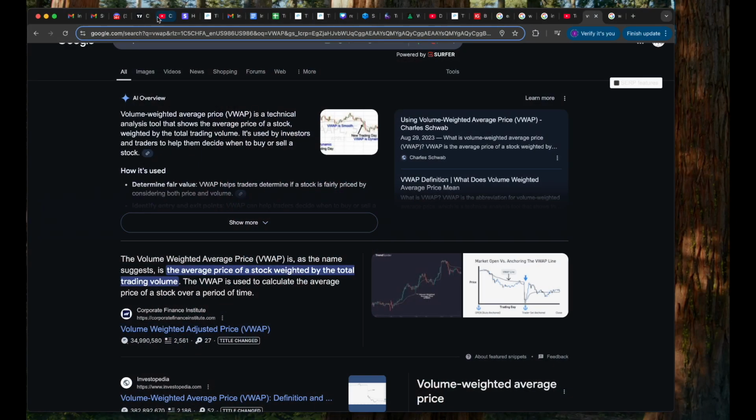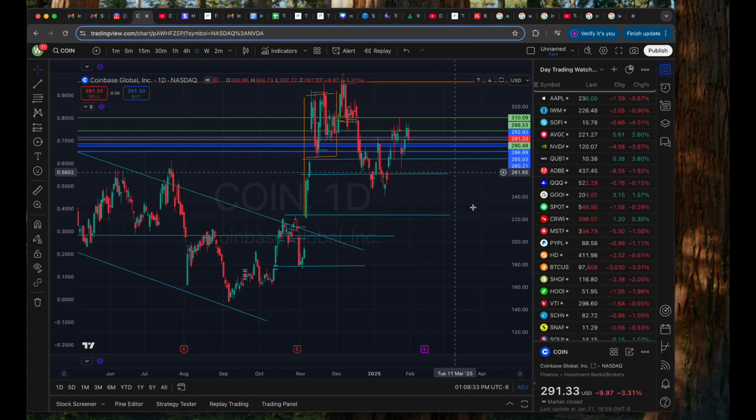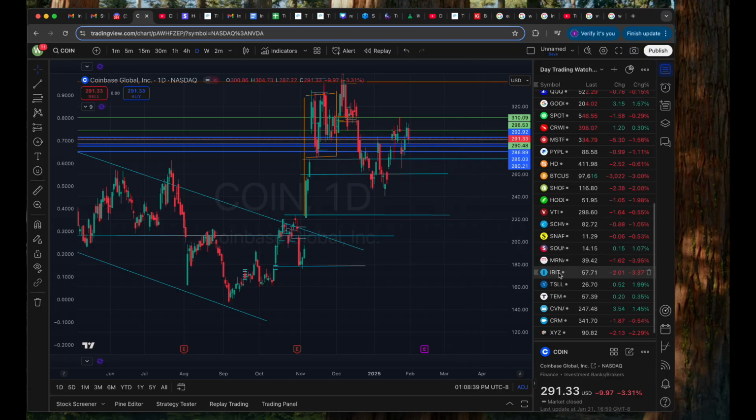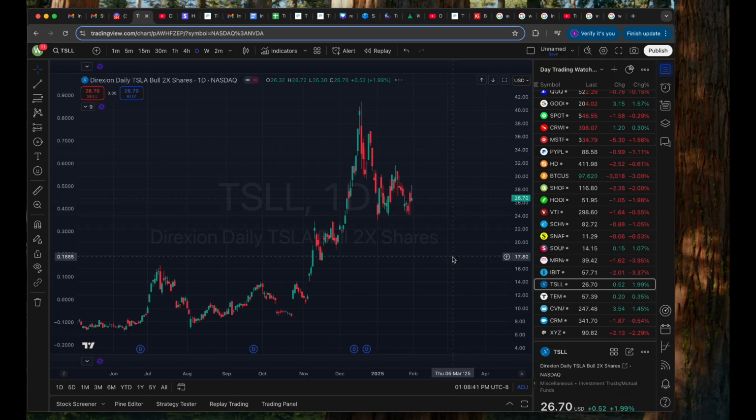Now, the VWAP. Let's go to a clean chart. Let's go to TSLL. There's nothing on this chart currently.